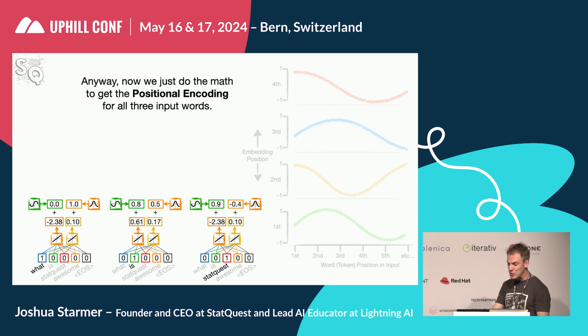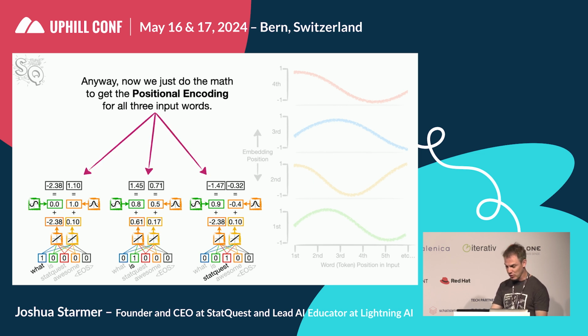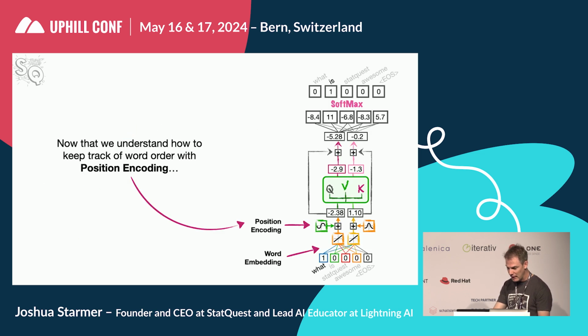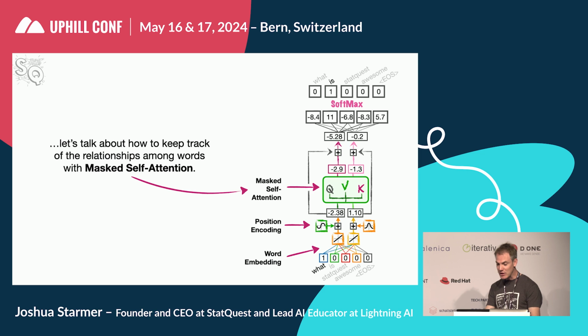Anyway, now we just do the math to get the positional encoding for all three input words. And now that we understand how to keep track of word order with position encoding, let's talk about how to keep track of the relationship among words with masked self-attention.